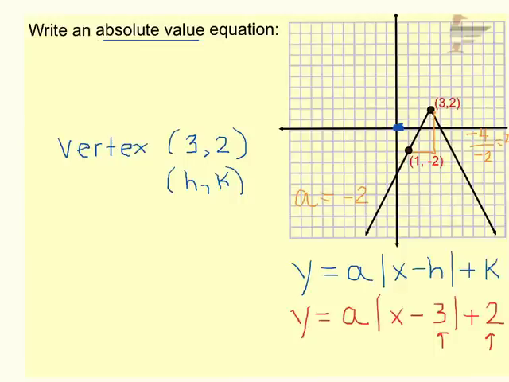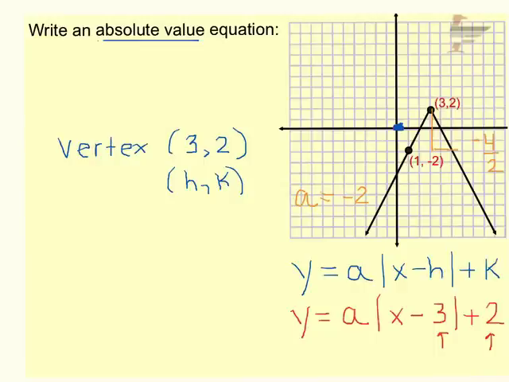Now, of course, if I go down 4, 1, 2, 3, 4, and to the right 2, then I'm going to have an A value of negative 2. So I went down 4 and to the right 2, and then I truly get my A value.